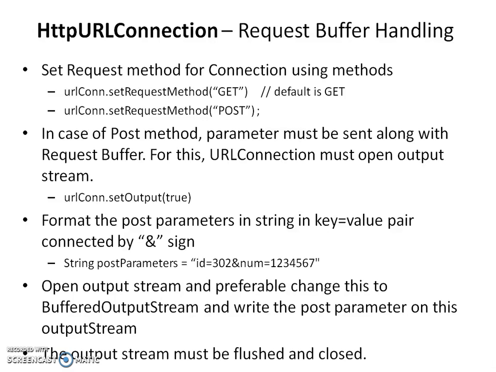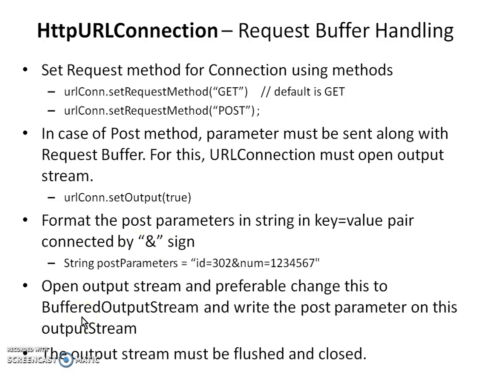For setting up the connection to the server, we call setDoOutput(true), so that we are going to write something to the server. Having done that, we need to prepare the parameters we want to send to the server, in key value pairs connected by the ampersand sign.